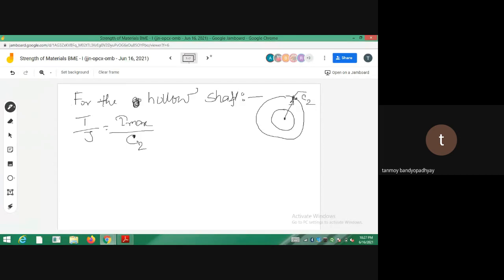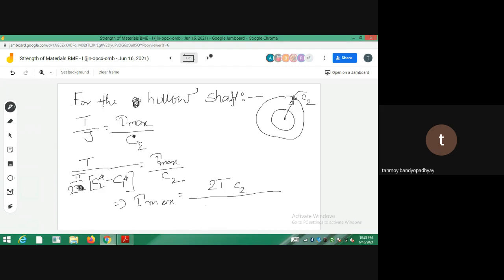So for a hollow shaft, J is pi by 2, in terms of radius, C2 to the power 4 minus C1 to the power 4, that is equal to tau max divided by C2. So what will be tau max? Tau max will be equal to 2T into C2 divided by pi into C2 to the power 4 minus C1 to the power 4.